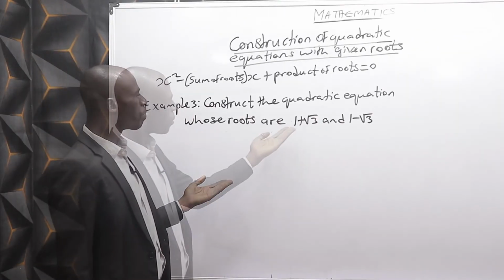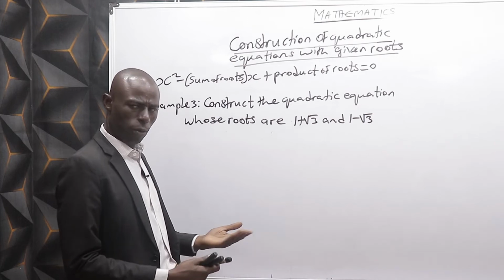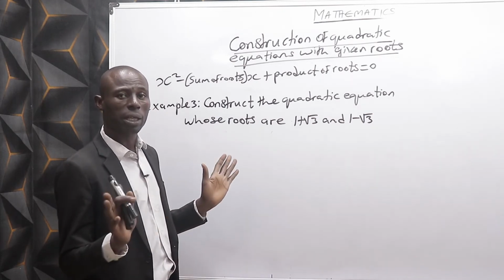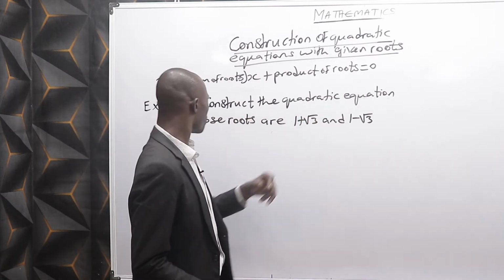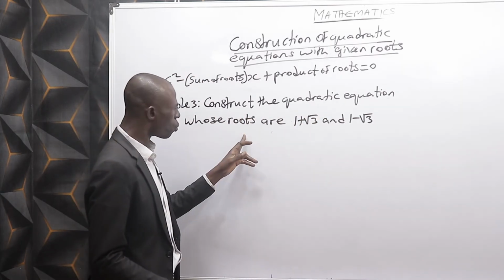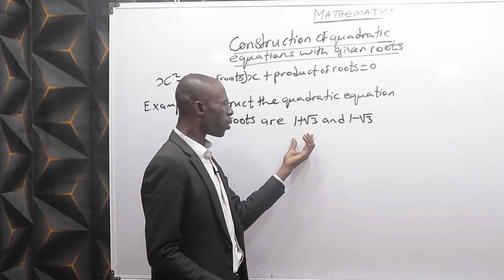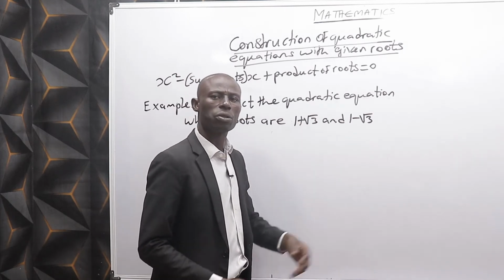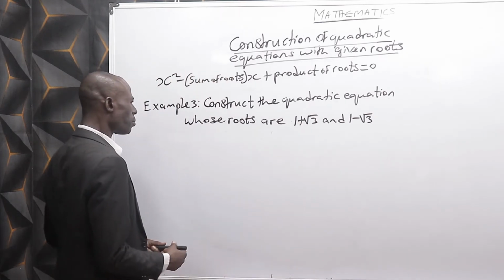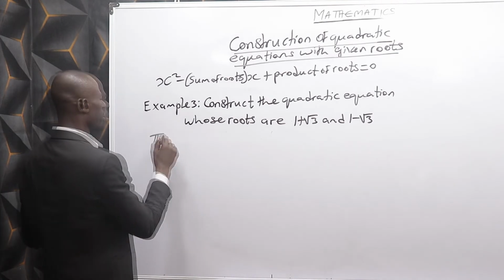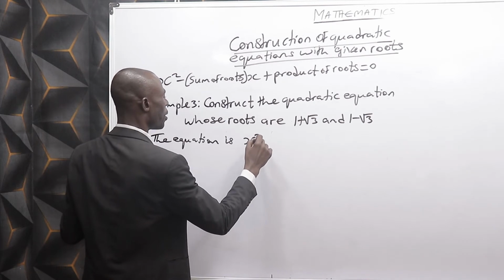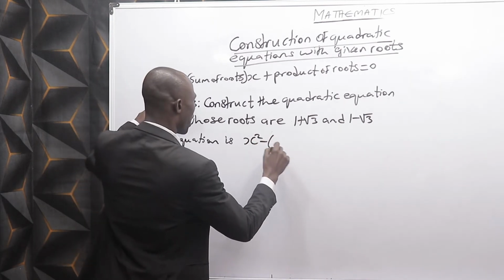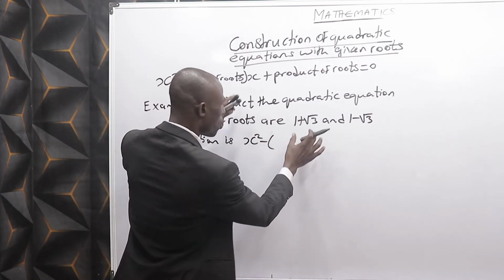Example 3 is a bit different from what you have been doing, but the same process is to be followed. Construct the quadratic equation whose roots are 1 plus root 3 and 1 minus root 3. Simple thing. The equation is x squared minus sum of roots.